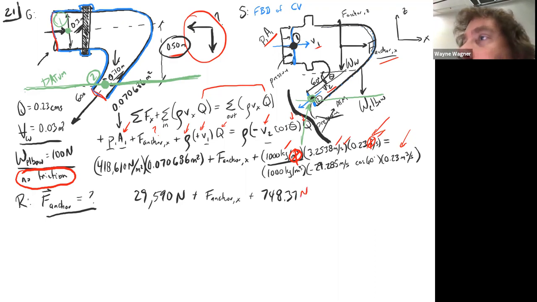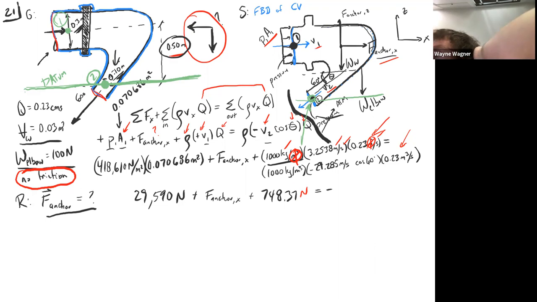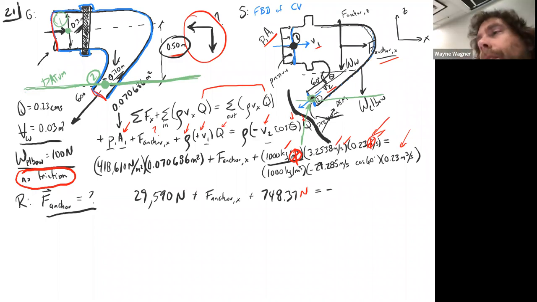Equals, and this is going to have a negative sign on it. So let's see here, 1,000 times 29.285 cosine 60 times 0.23, and that equals 3,367.8 newtons.